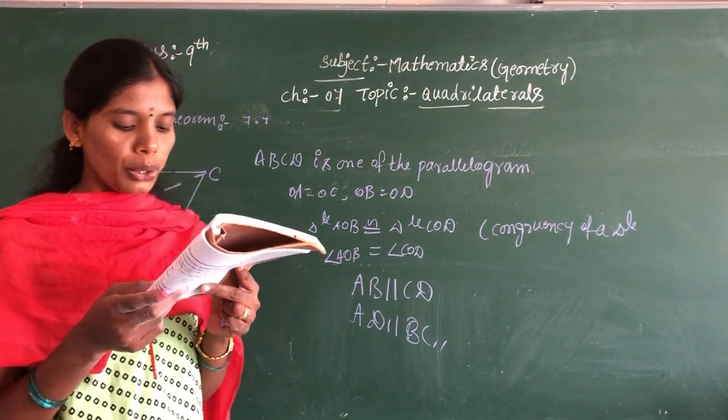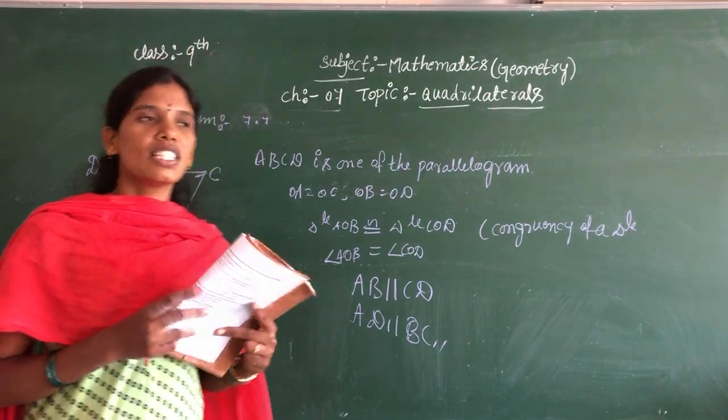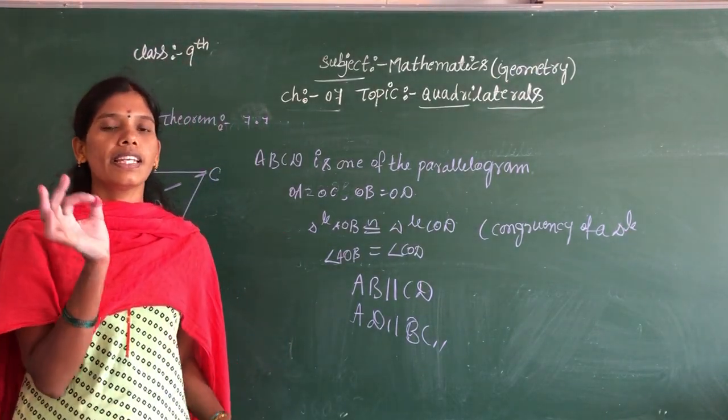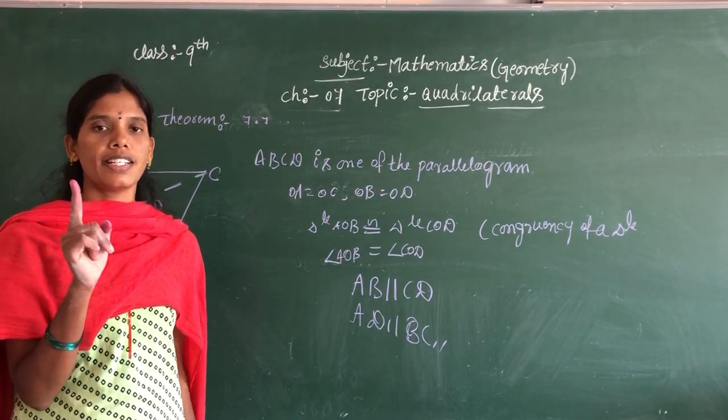Now next we shall move to Example 1. Show that each angle of a rectangle is a right angle. Children, you already know that each angle of a rectangle is 90 degrees.